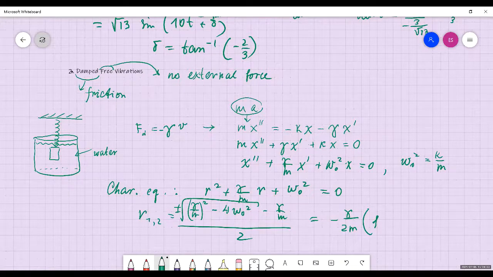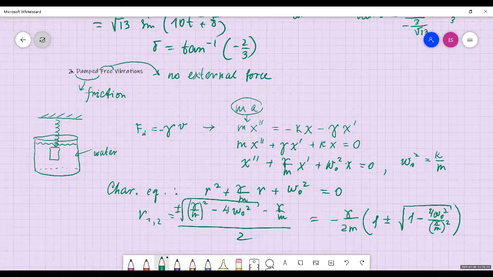And then it's going to be plus minus the square root of 1 minus 4 omega 0 squared, divided by gamma over m squared. Imagine that I divided both terms by gamma over m squared, took it outside, and extracted the square root to put it in front. Well, that's how solutions are going to look.